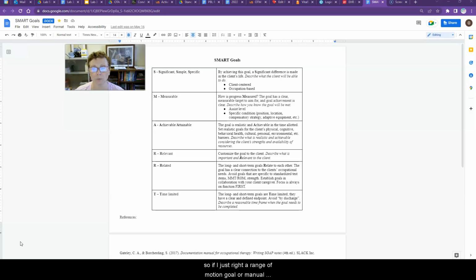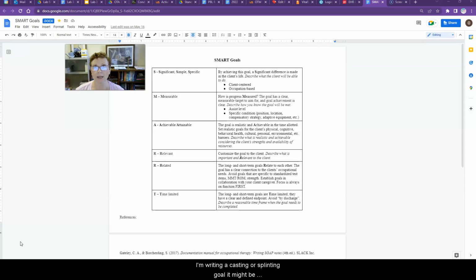If I just write a range of motion goal or a manual muscle testing goal, it's not really occupation-based or client-centered. It's also hard to achieve a certain degree of range of motion. If I am writing a range of motion goal, I have to be specific about how much range I want her to increase.